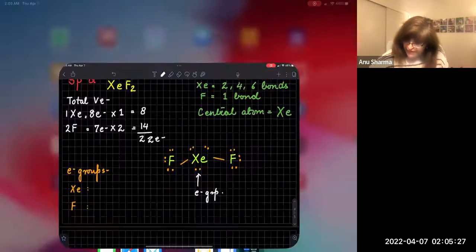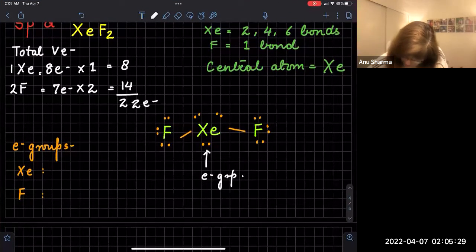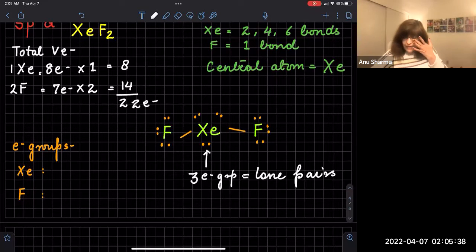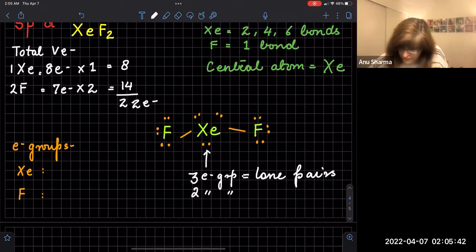On xenon, there are 3 electron groups coming from the lone pairs, and 2 electron groups coming from the 2 single bonds with fluorine on either side.